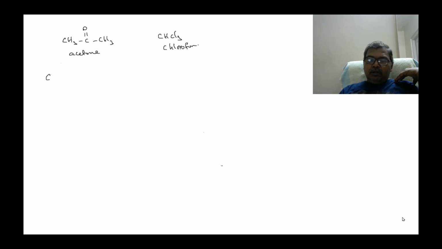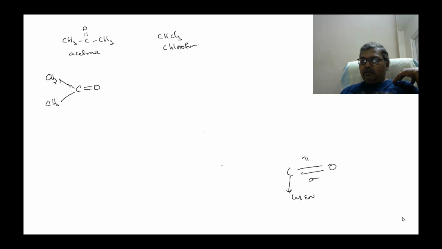Acetone: two methyl groups bonded to the carbonyl group, C double bond O group. C double bond O has one sigma bond and one pi bond. Carbon is less electronegative, oxygen is more electronegative, and pi electrons are loosely held between carbon and oxygen.